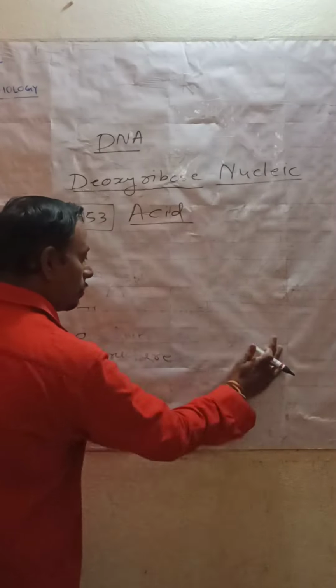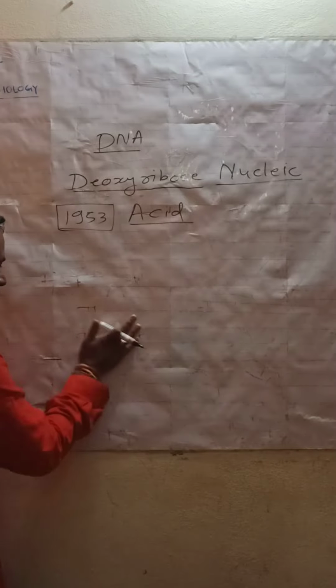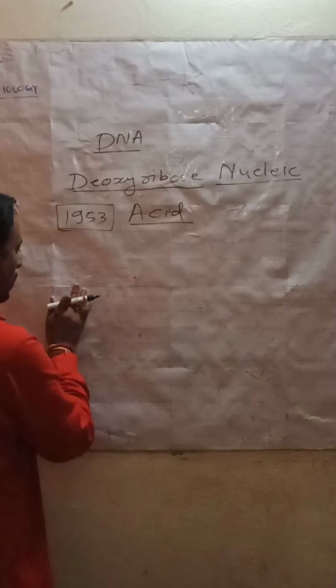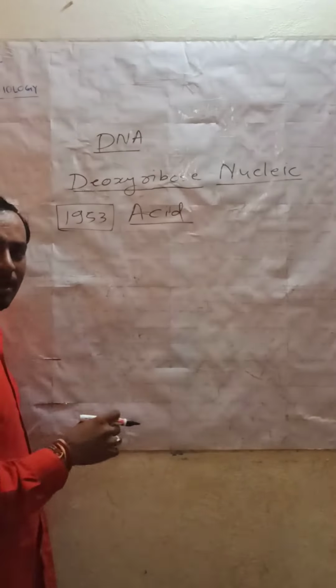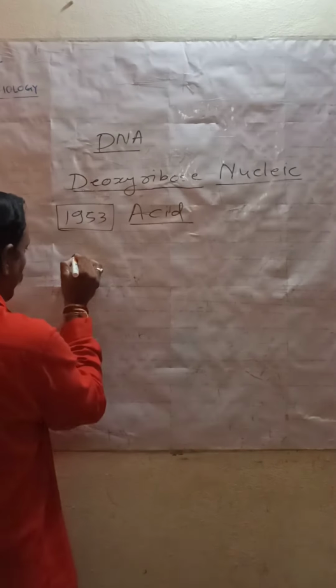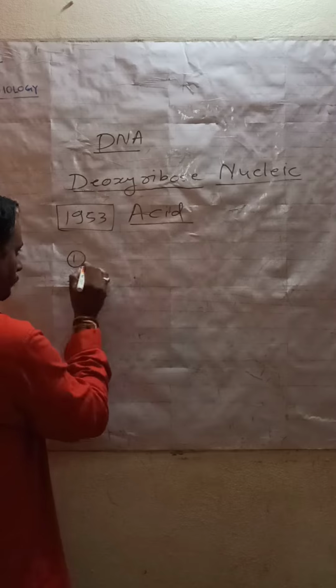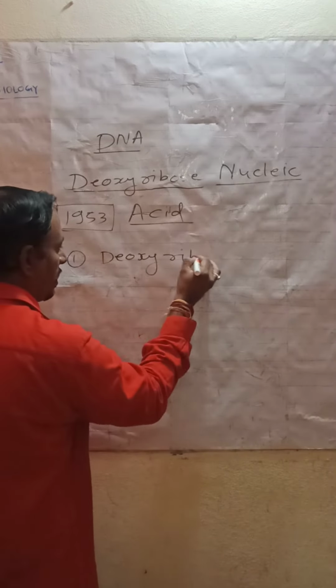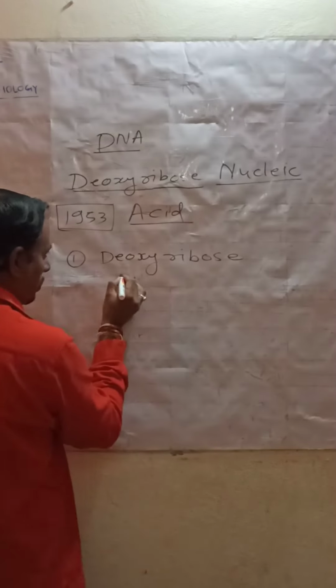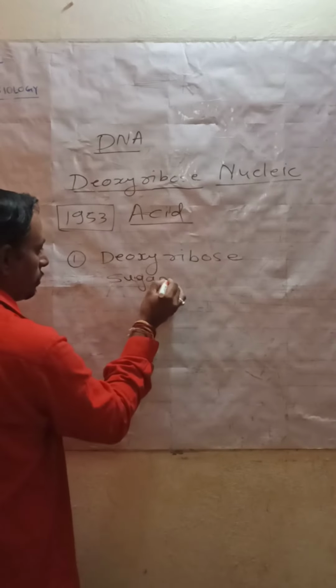They studied the structure and said that it has three parts. The DNA structure has three parts. The first part was deoxyribose sugar.